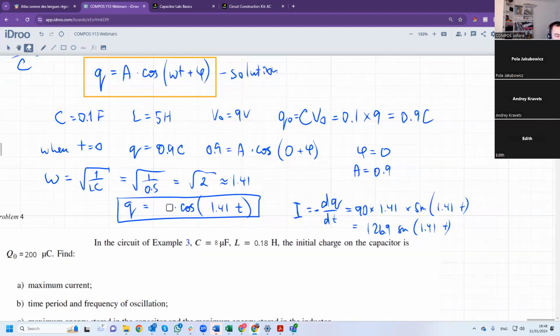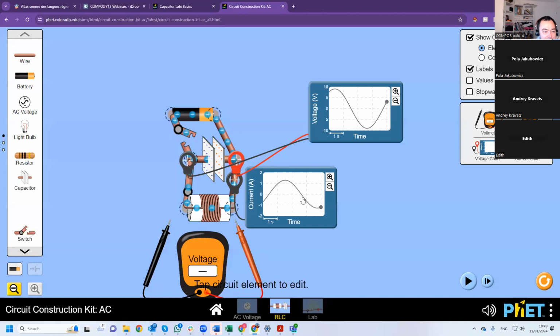So the current maximum is 0.9 times 1.41, which is 1.27. Okay, that makes more sense. And you can see that the current has a maximum value of 1.27, and it's this.